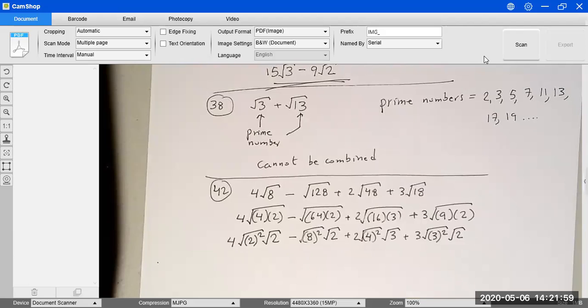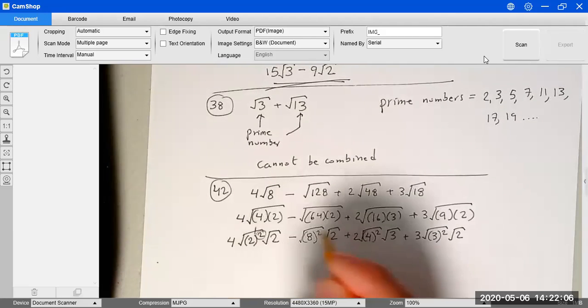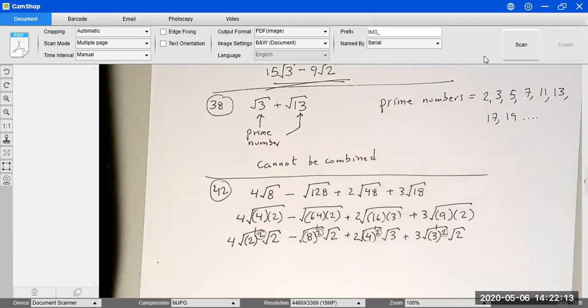So now we're going to remove radicals and exponents at the same time. So I have this radical and this exponent, this radical, this exponent, this radical, and this exponent.